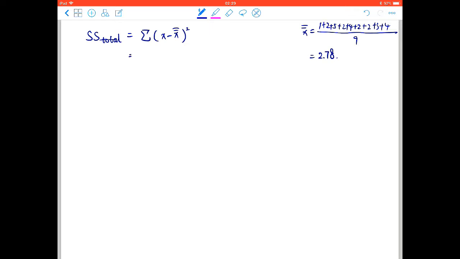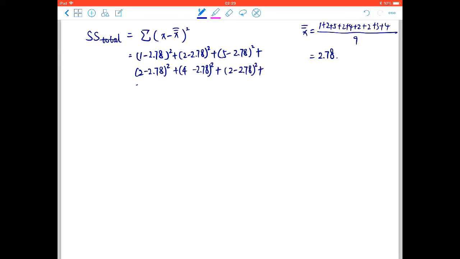That is (1 minus 2.78) squared plus (2 minus 2.78) squared plus (5 minus 2.78) squared plus (2 minus 2.78) squared plus (4 minus 2.78) squared plus (2 minus 2.78) squared plus (2 minus 2.78) squared plus (3 minus 2.78) squared plus (4 minus 2.78) squared.